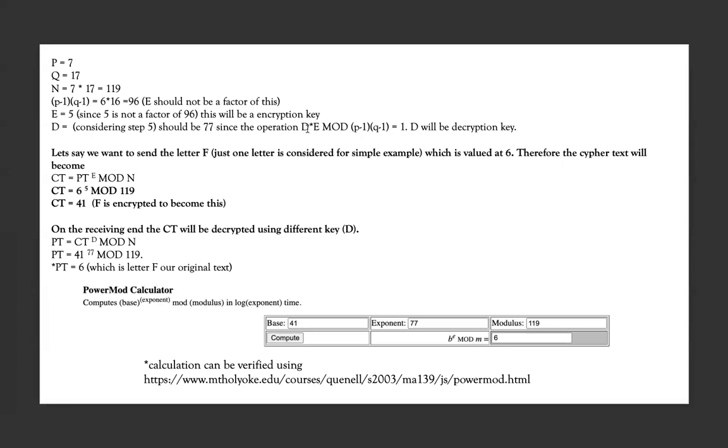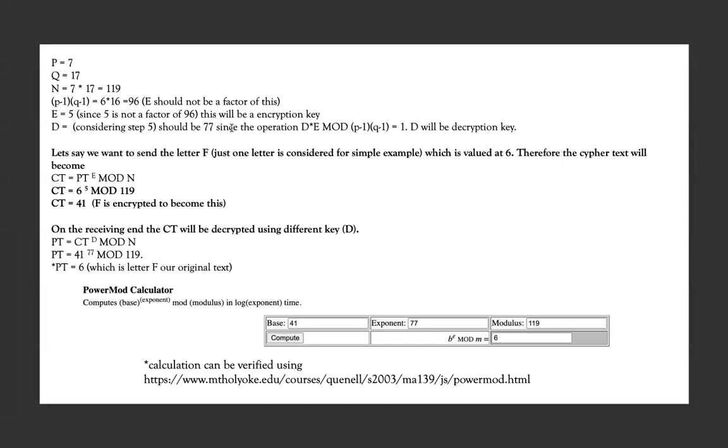It could be other numbers as well, but right now we've chosen 77, because D as 77 satisfies the condition that when I multiply D by E and take the modulus with this value, the answer should be 1. So in this case, 77 is the value of D.